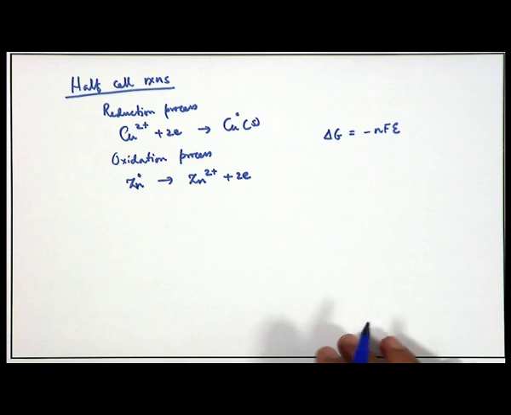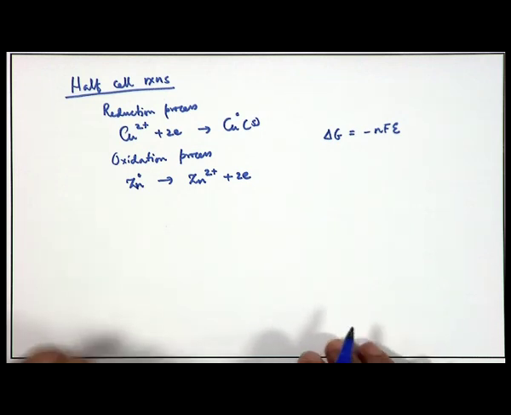So, this galvanic cell is an arrangement where you can catch this free energy change and convert it into electrical energy, so that this electrical energy can be used for doing some useful work. It is not a pressure-volume work; it is non-PV work, some effective work.